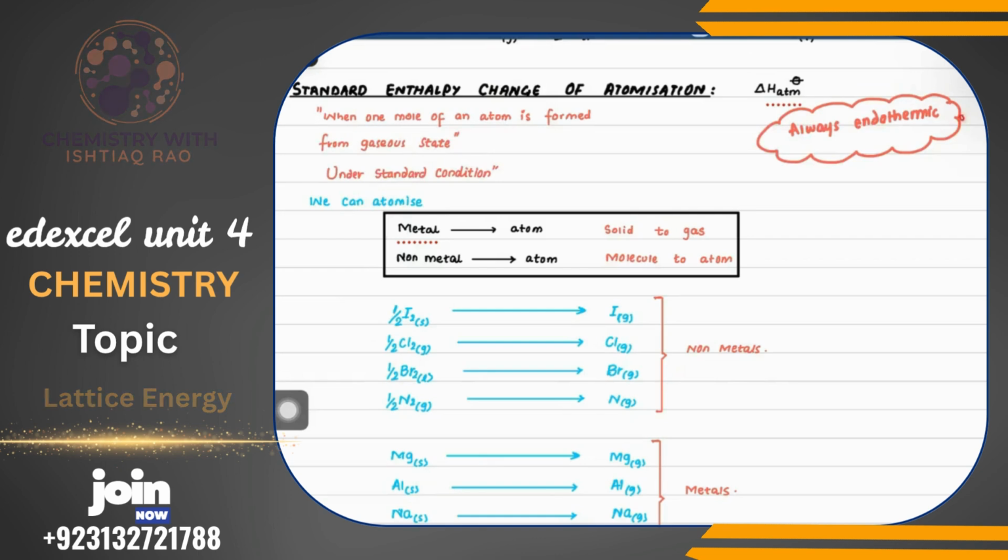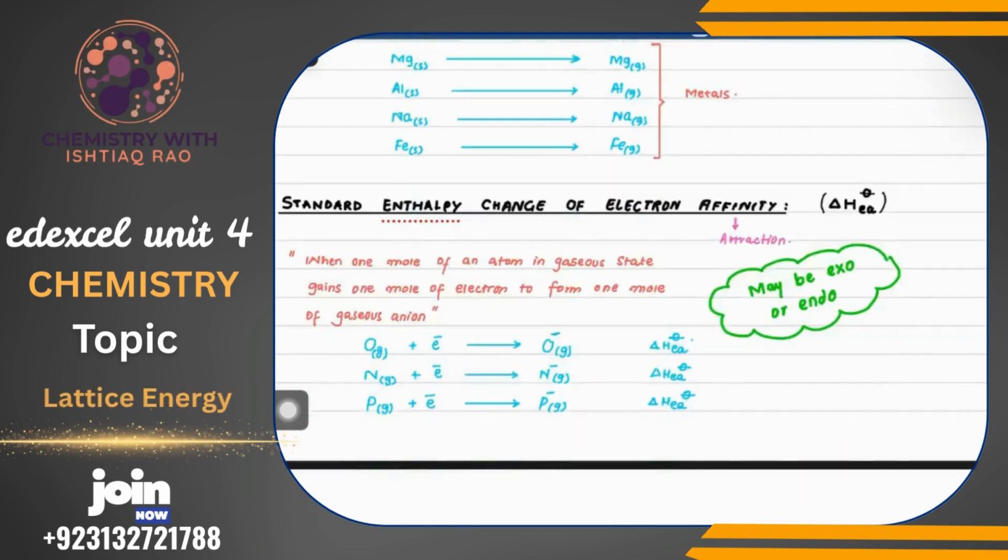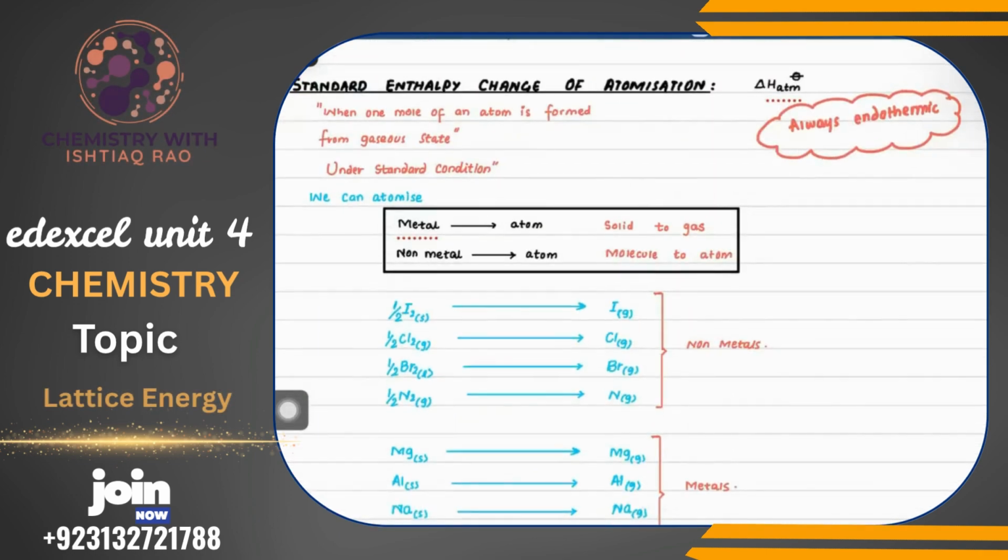I have written it's always endothermic, as the lattice energy is always exothermic, and the enthalpy change of formation may be exo, may be endo, and in the same way the atomization would be always endothermic.